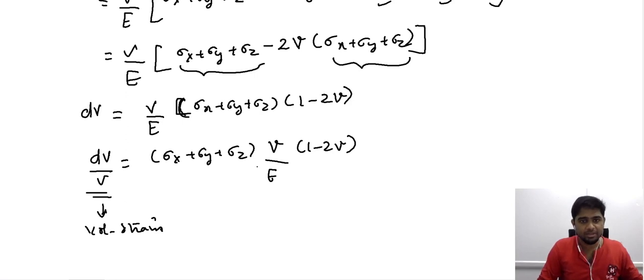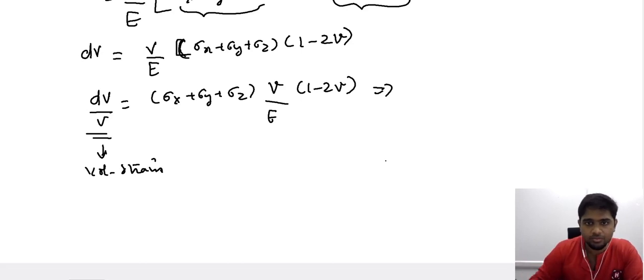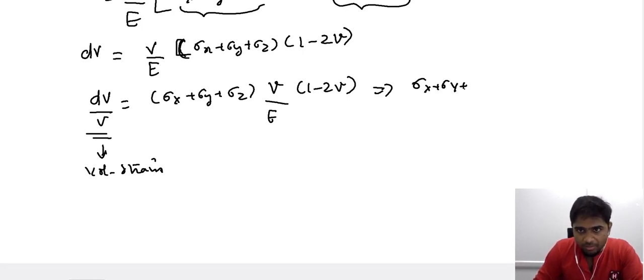Now, ultimately, it is possible for us to rearrange this expression as well. When you rearrange this expression, it is possible for us to rewrite it so that we bring this term over here, and these terms over here. So, sigma x plus sigma y plus sigma z.